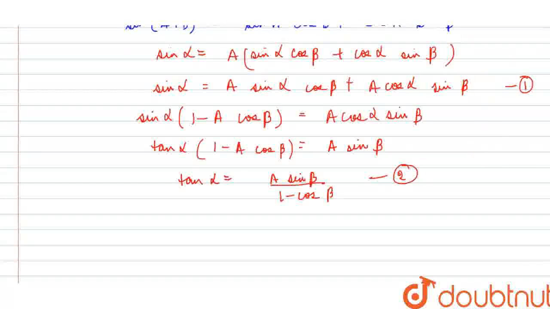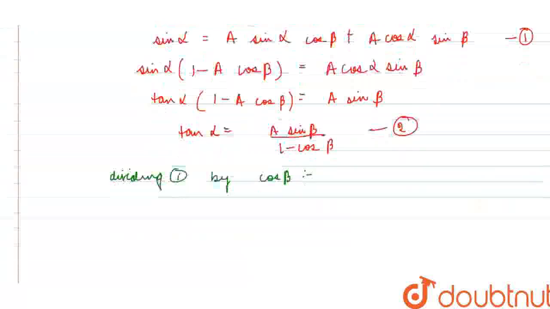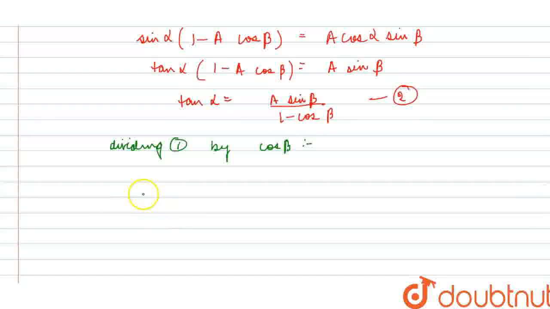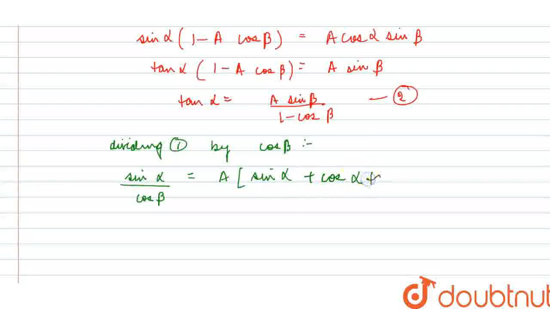Now, getting back to equation number 1, again what I'll be doing here is dividing the whole equation by cos beta. If I do that, I get sine alpha upon cos beta, which is equal to, taking a common, a times sine alpha plus cos alpha tan beta.